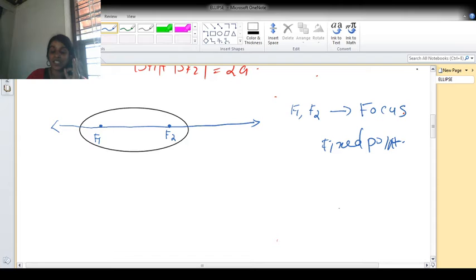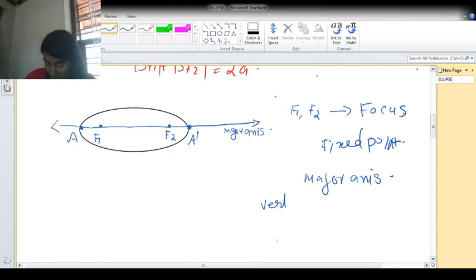This major axis intersects the ellipse at these two points. These two points are called vertices. A and A dash are two vertices of the ellipse. The midpoint of A and A dash is C, which is called the center.